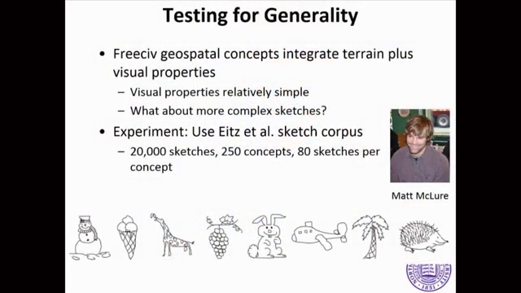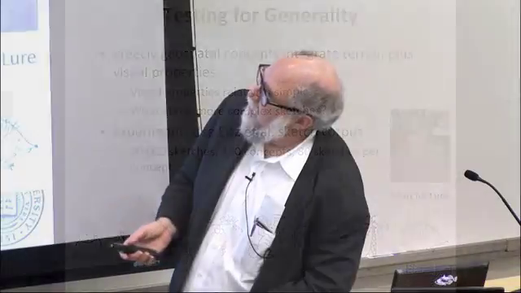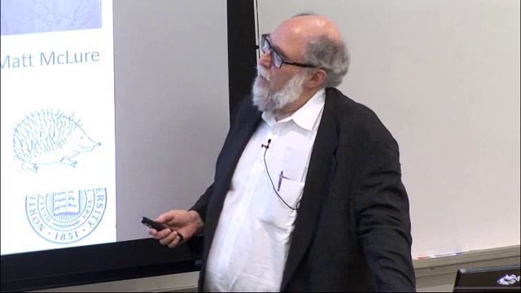So there's this lovely corpus by some folks at Berlin and Brown. What they did was they took 250 concepts like snowman, ice cream cone, giraffe, grapes, bunny rabbits, airplanes, etc., and got people on Mechanical Turk to make 80 sketches per concept. So that's 20,000 sketches.